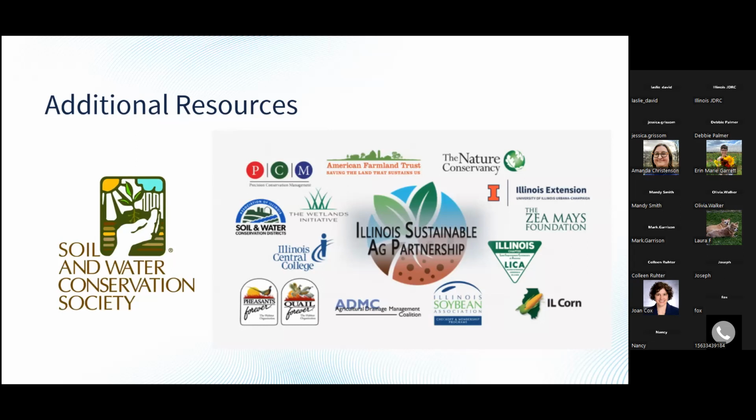And they have additional resources on their website and trainings that you can go through, including the conservation training program. They have other resources, including an EduField incentive directory, which was just put out earlier this summer, and a cover crop incentive directory as well. You can use that to find different cost share programs that can be used in combination to help offset the cost of cover crop purchase and adoption.